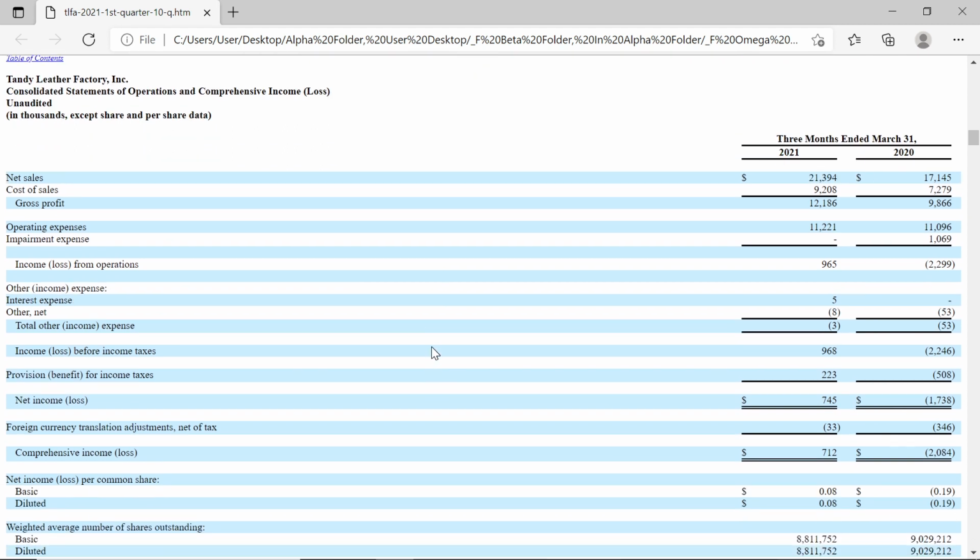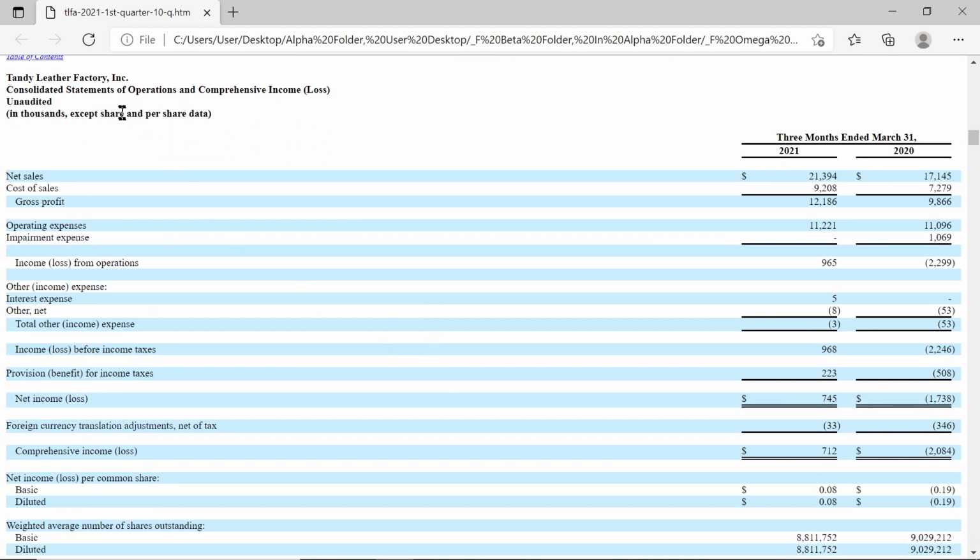And what does this business do in the first quarter? So let's move down to the income statement. They're calling it the consolidated statements of operations and comprehensive income these days, but this is called the income statement. And in the first quarter of 2021, remember, you buy the business for free, you just pay for the assets here.